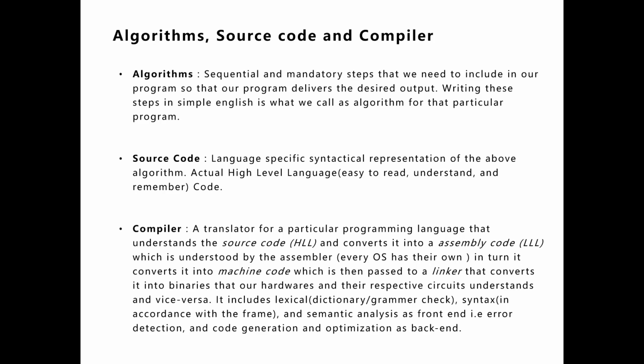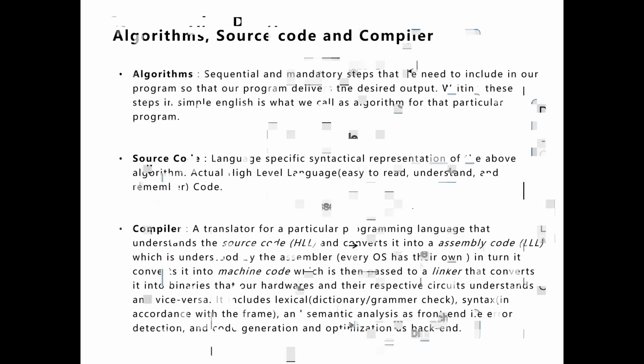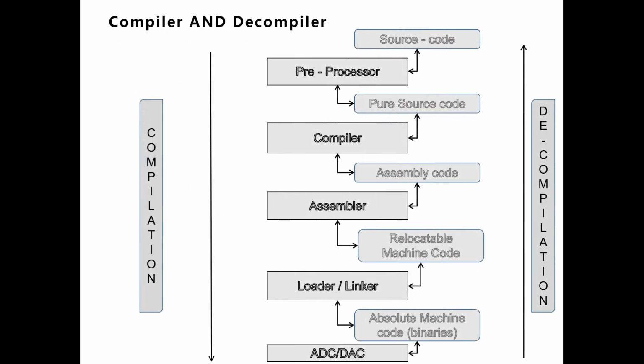So we write something which we understand, and then we have someone in an intermediate state that does the transformation work. It converts it into some form that the processor understands, which is nothing but the binaries. We will look into that in much more detail. So let's get into the next slide, which helps us understand that.